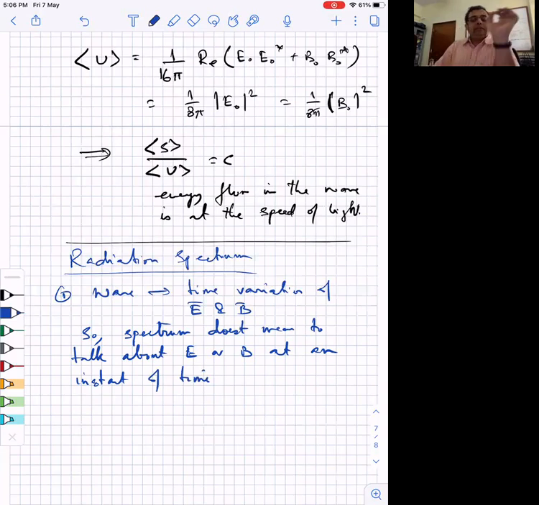Spectrum basically means as a function of the frequency, right? So it doesn't mean to talk about the frequency at this instant of time, because anyway your E and B are changing with time.